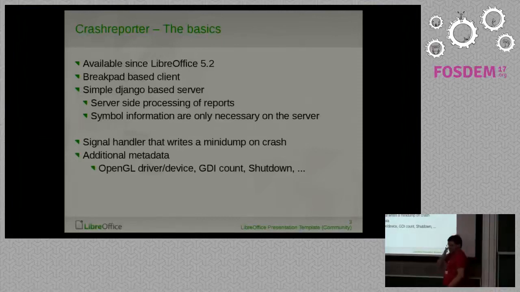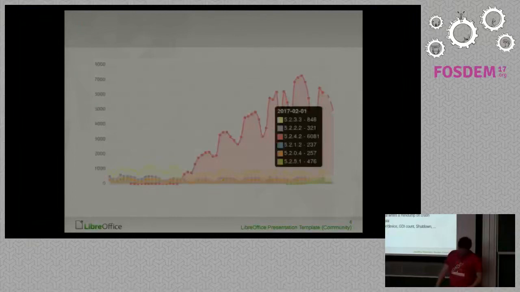On the LibreOffice side, a signal handler intercepts the crash and writes out a mini-dump file, and during the next startup we upload the file plus some metadata to the server. Metadata is, for example, the OpenGL driver, the device, the GDI count recently, and whether we are in shutdown, because we have quite a number of shutdown-related crashes.